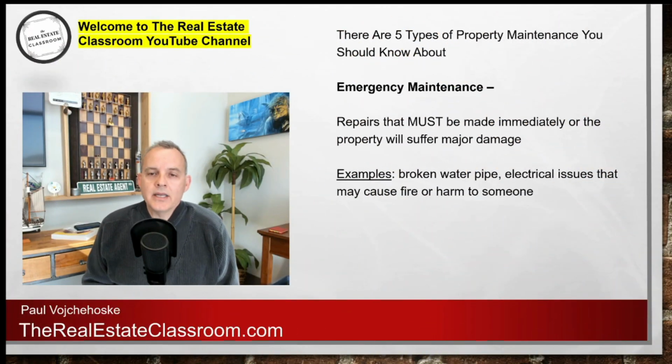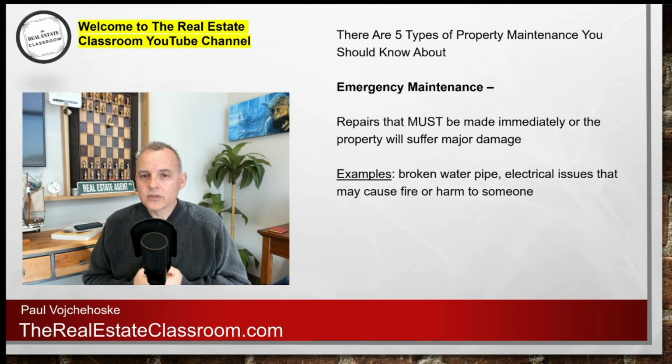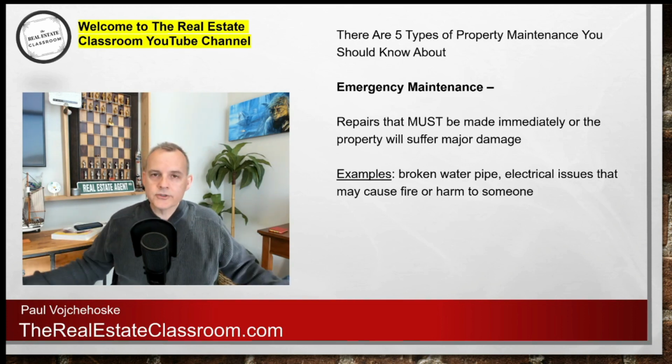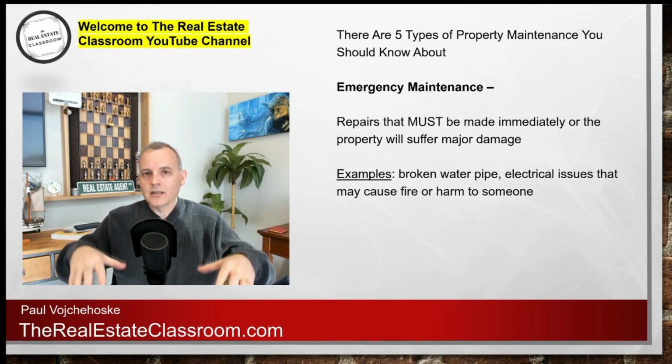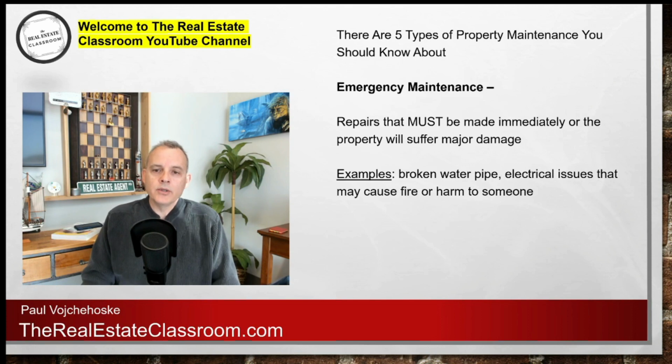The next type of maintenance I want to discuss is emergency maintenance. And it is an emergency. If we don't do the repairs quickly and immediately, then the property in and of itself is going to suffer substantial damage. A prime example would be a broken water pipe, and the water is running everywhere. Not only is it impacting the individual unit, but it's also impacting the other units within the building.